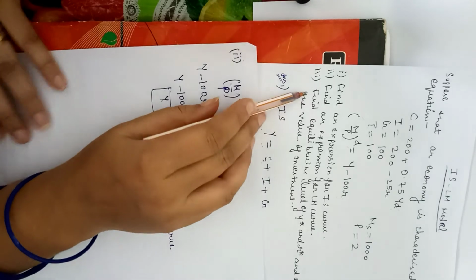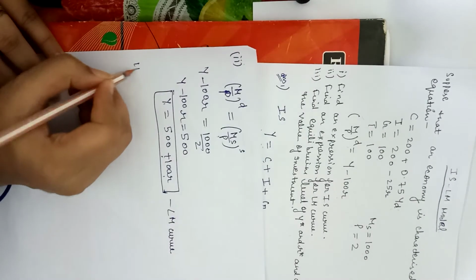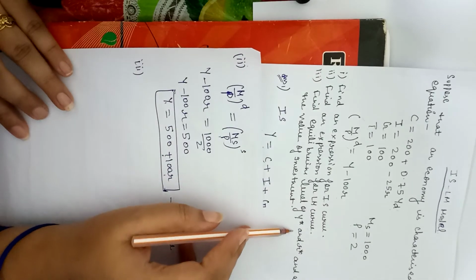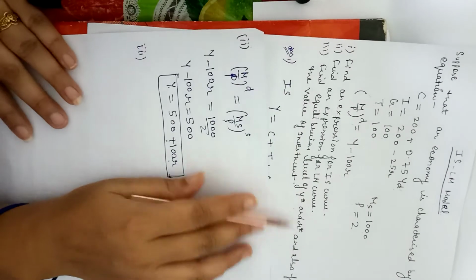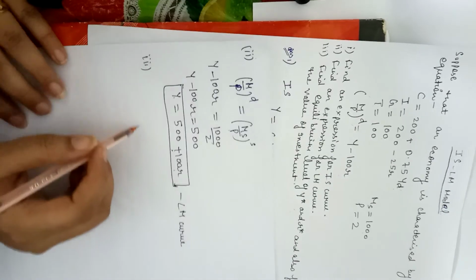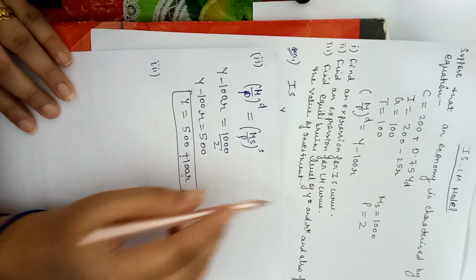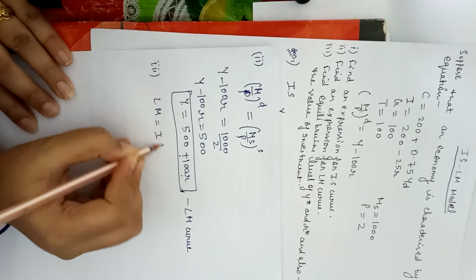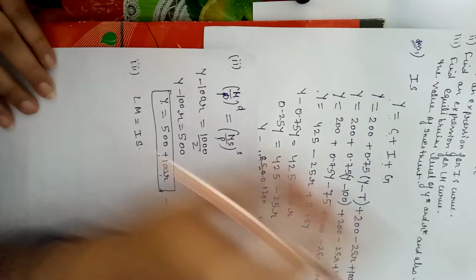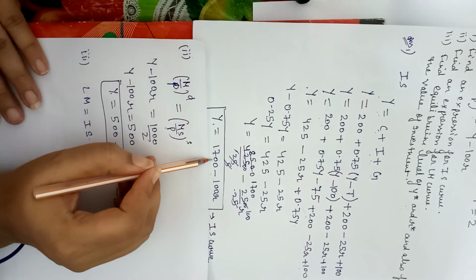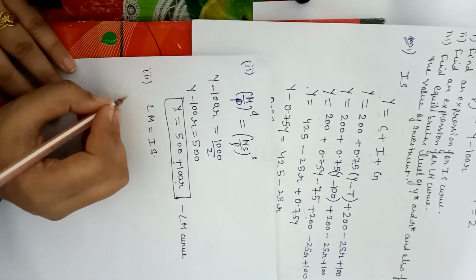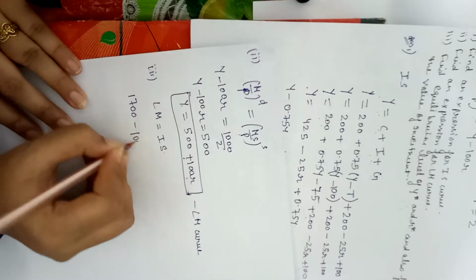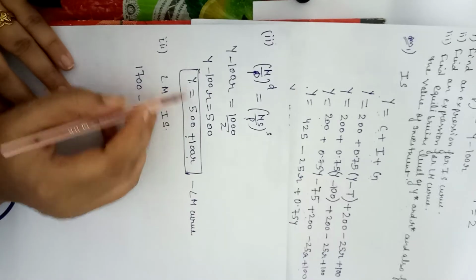Now come to the third part, which is asking: find the equilibrium level of Y or output and rate of interest. So to find this, we know that at equilibrium LM is equal to IS. From the previous part we have calculated IS as 1700 minus 100R, and LM is this.